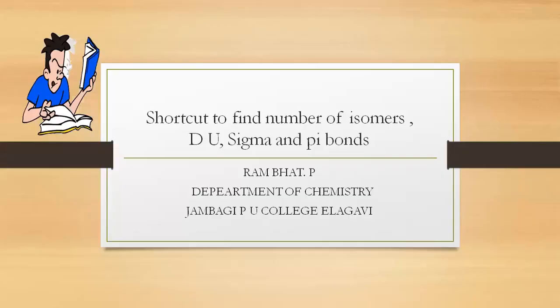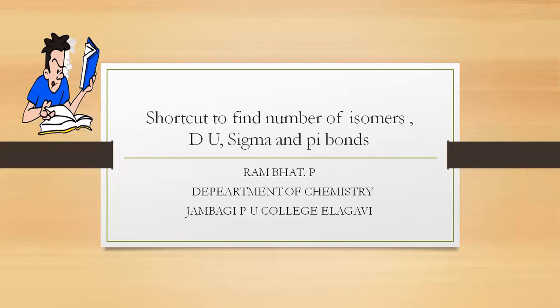See, in this video, I am going to discuss shortcuts to find the number of isomers, degree of unsaturation, and the sigma and pi bonds. Means you'll be given a formula like C6H12.